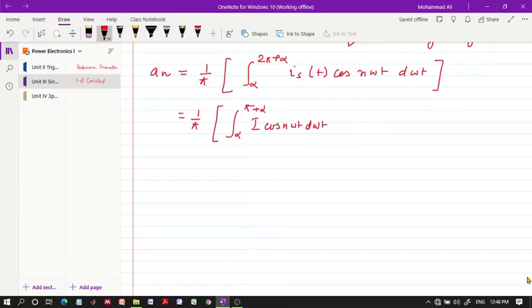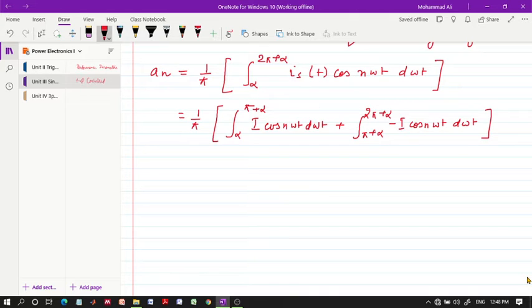And from pi plus alpha to 2 pi plus alpha, it should be minus times of i, cos n omega t d omega t.